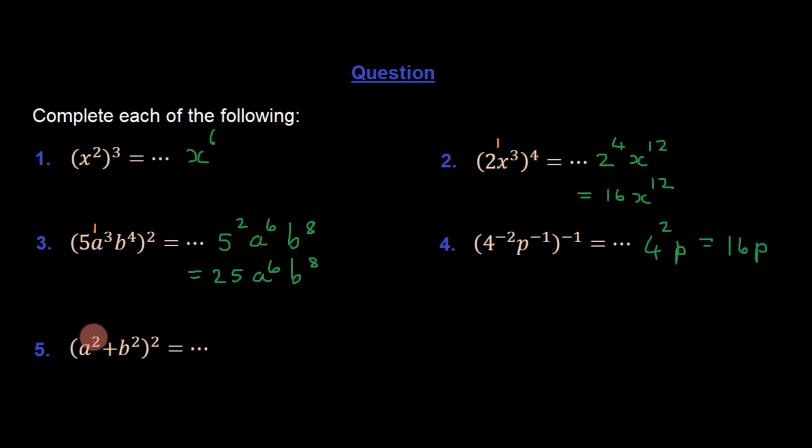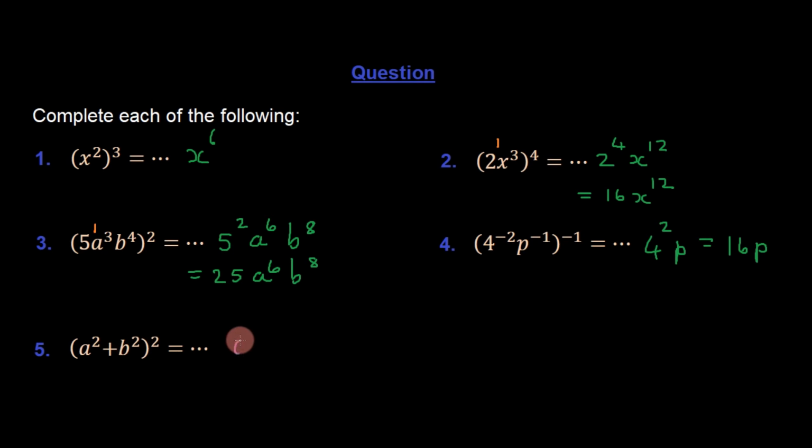Many students will make a mistake here. What's important to note is that the application of law 3 does not apply across a plus or a minus. So many students here will write the following.